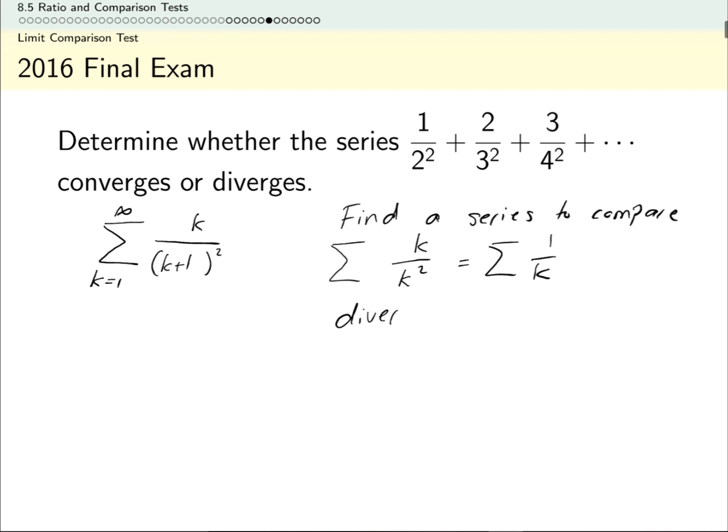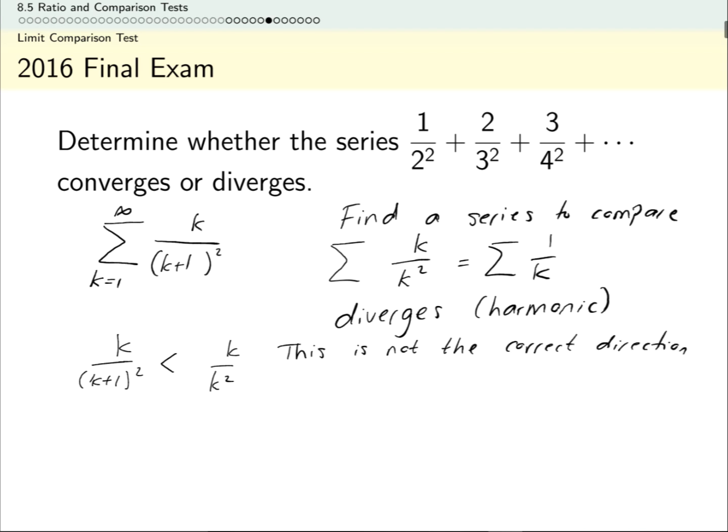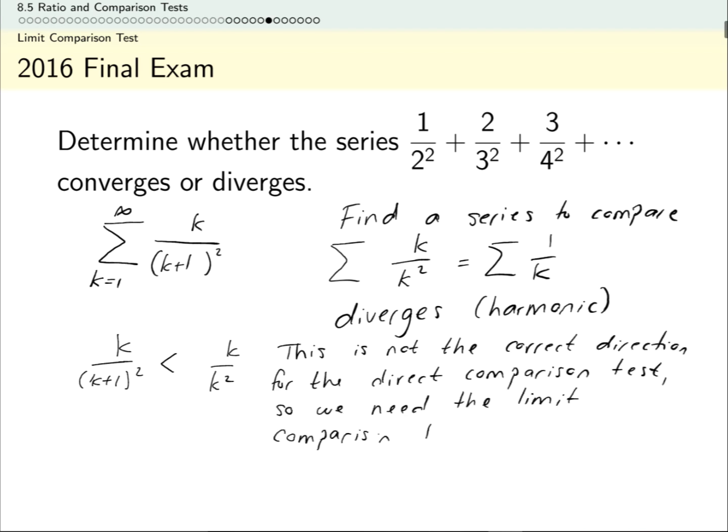This is a divergent series. So let's see whether our inequality goes in the correct direction to use the direct comparison test. The denominator on the left is bigger so the fraction overall is smaller. This is not the correct direction for the direct comparison test, so we need limit comparison test.